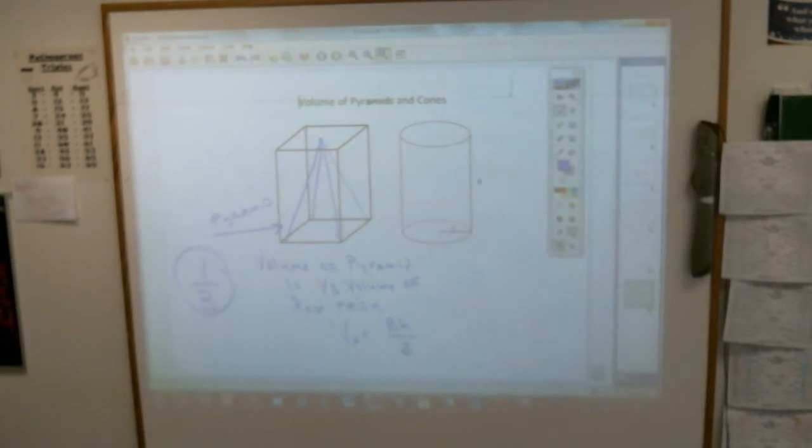And if you don't believe that, here's a prism. Here is the pyramid that would be made of it. It doesn't matter what type of prism it is, whether it's rectangular or whatever. If the volume of this is 1/3 the volume of this, I should be able to pour exactly 3 in there. There's 1.